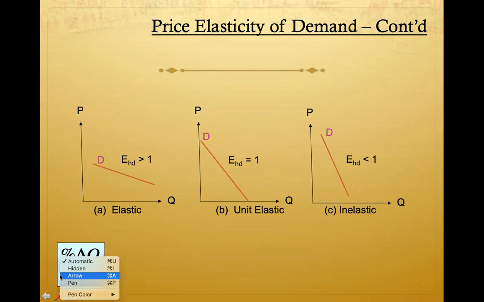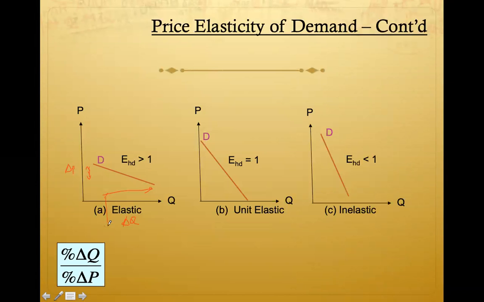A simple explanation: if there is delta P, the change of price, and delta Q, the change of quantity from Q1 to Q2, for example at this coordinate, this is Q1 and price 1, and this is price 2 and Q2.